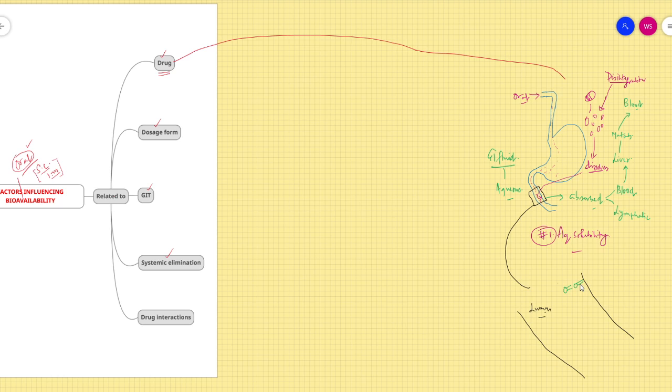What we would see is the cell membrane out here.